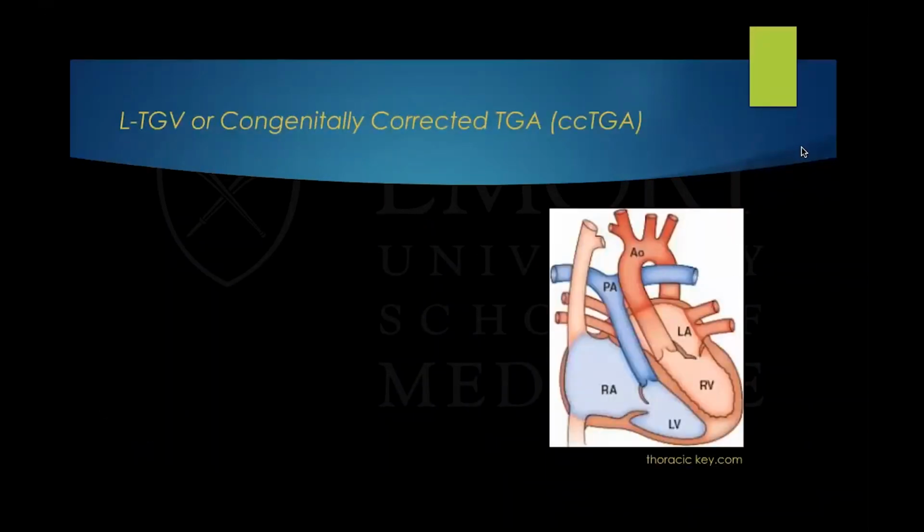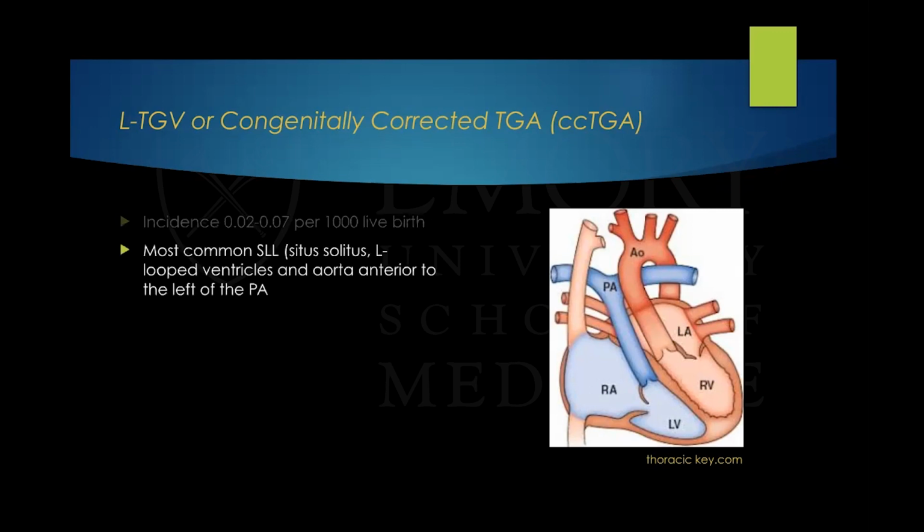So let's move to another condition, congenitally corrected transposition of the great vessels. The incidence is 0.01 to 0.07 per 1,000 live births. The most common is the SLL nomenclature, which is situs solitus.